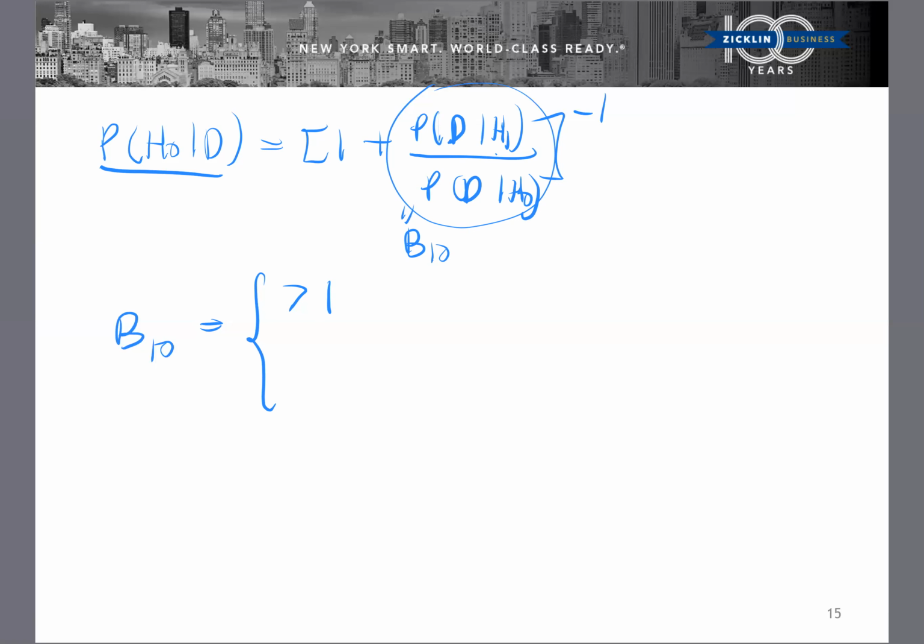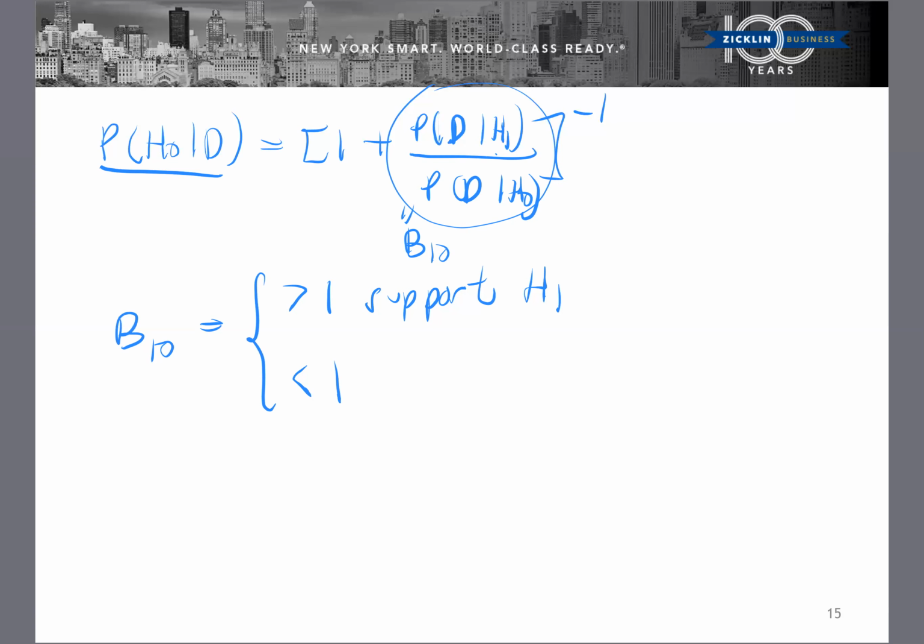So values greater than 1 support H1, and values less than 1, what? Yeah. So they support H0, because that means that P of D given H0 is greater than P of D given H1, meaning that the data are more likely under the null than under the alternative.